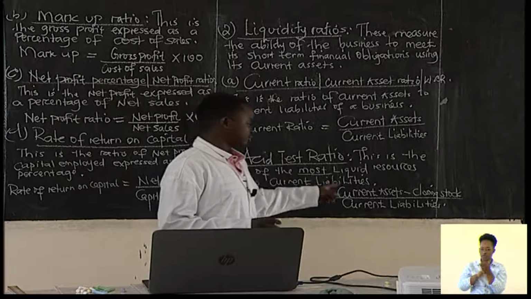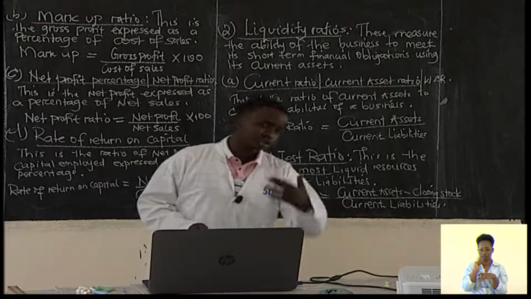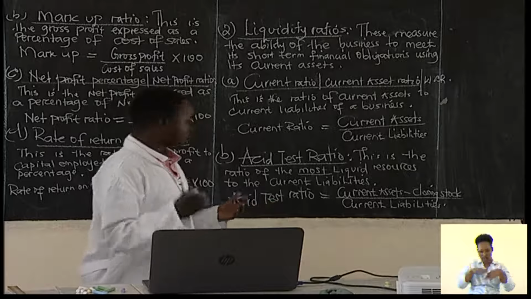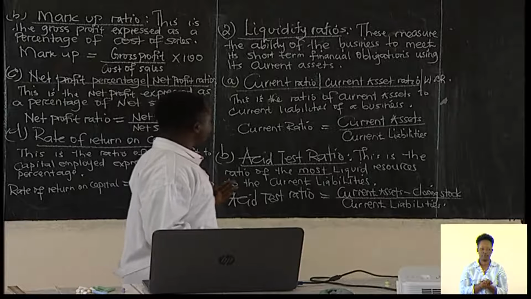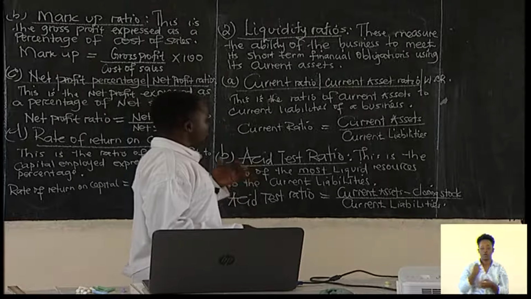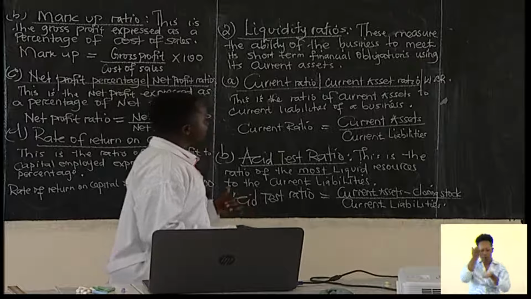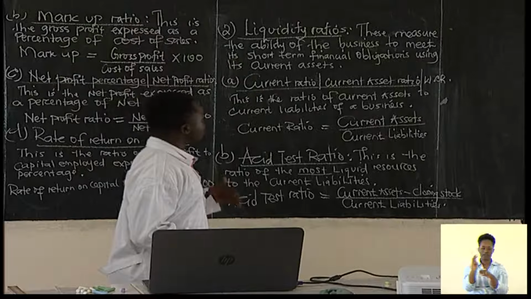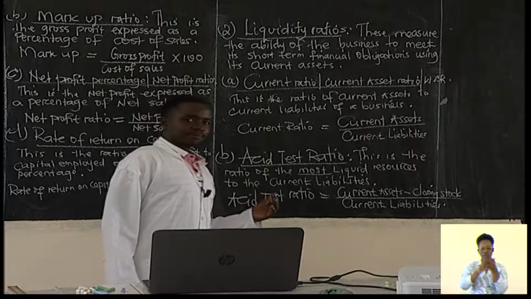And you may base on these financial ratios to take financial decisions. So under liquidity ratios, we use these two to measure the strength of the business to pay its short-term financial obligations using its current assets.